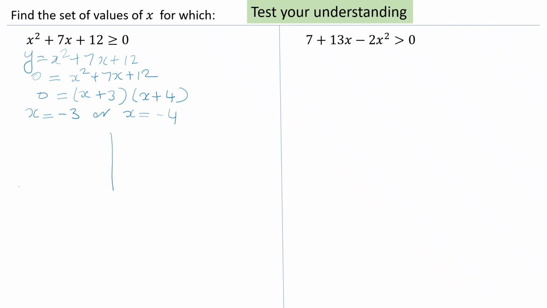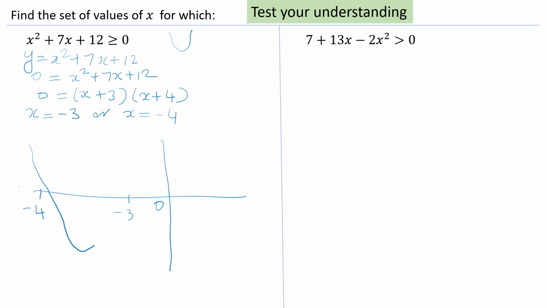Now sketch the graph. Minus 3 and minus 4. So the shape of the graph is this way. So when x equals 0, y equals 12.